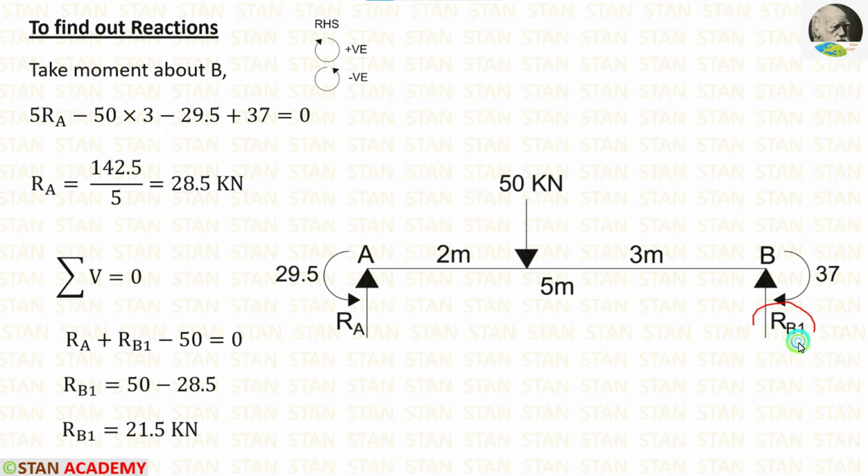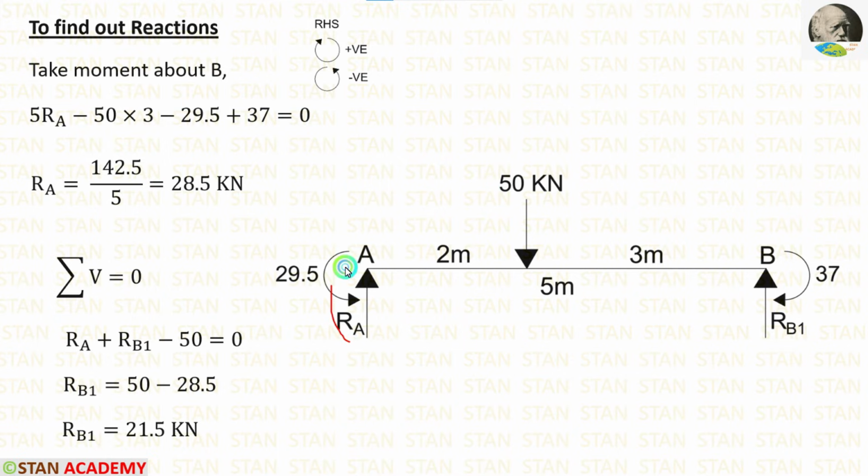To calculate RB1, let us apply the rule summation of vertical forces is equal to 0. In this span, there are three vertical forces RA, RB1 and the point load 50 kN.